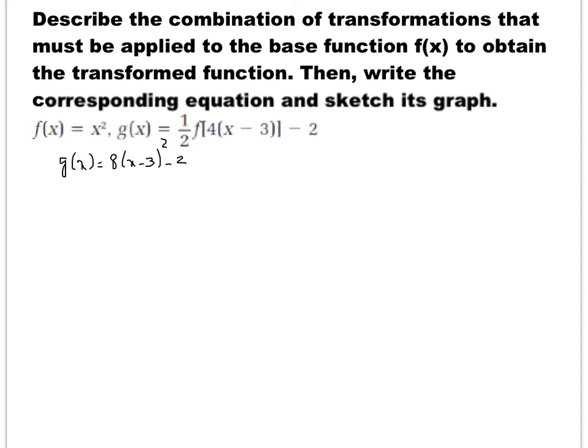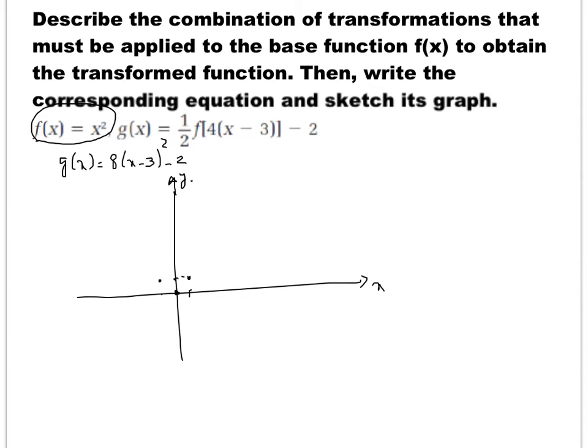Now to graph the two functions f of x and g of x, we already know how the base function looks. If x is 0, then f of x is 0. If x is 1, f of x is 1, which is this point. If x is negative 1, squared gives me 1. So my base function looks something like this.